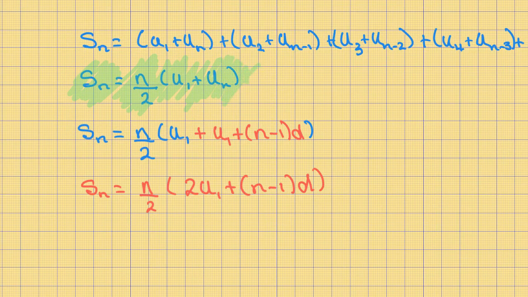The second formula is given as the sum of the first n terms is equal to the number of terms divided by 2 times 2 lots of the first term plus n minus 1 times the difference.